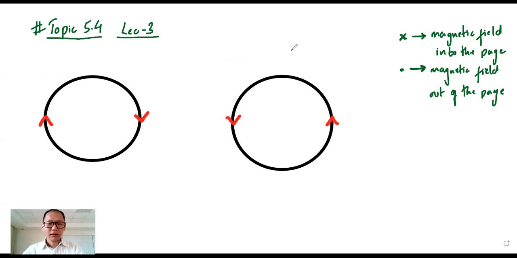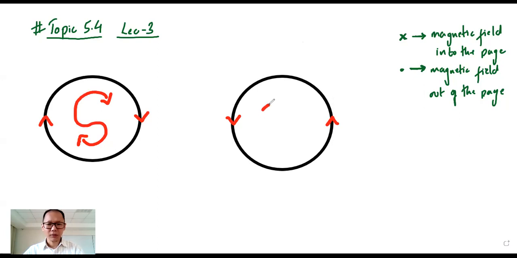Now, if you want to find the poles of the magnet in this circular wire, we draw either an S or an N. If we draw an S here, you see that the direction flows with the current, right? So S here flows with the direction of the current. So this is the south pole.